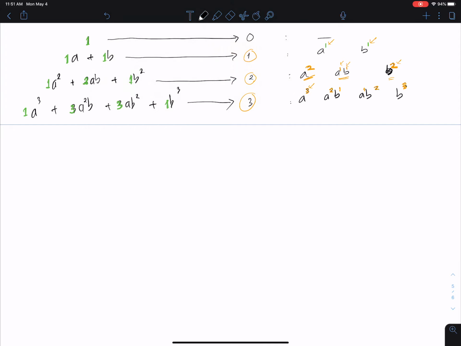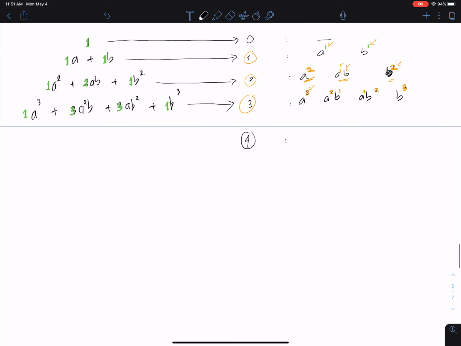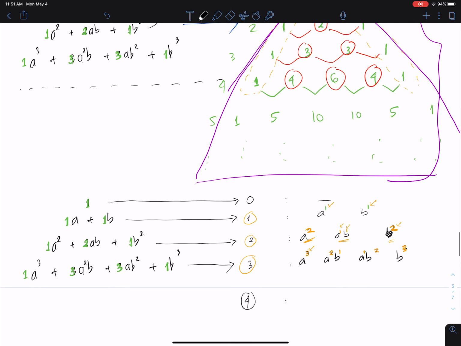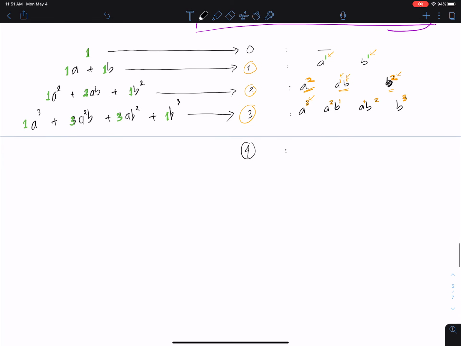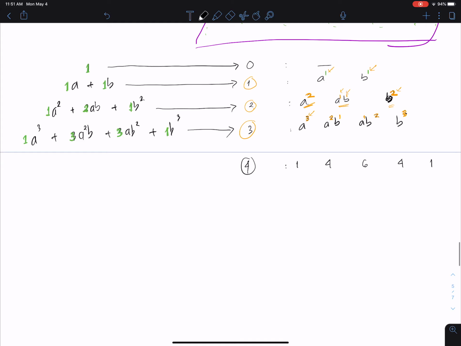What if we have 4? Just quickly write down. If we have 4, what is the coefficient? So 1, 4, 6, 4, 1. So we write down 1, 4, 6, 4, 1. Okay, so we'll put the coefficient, the variable AB, AB, AB, AB, AB.